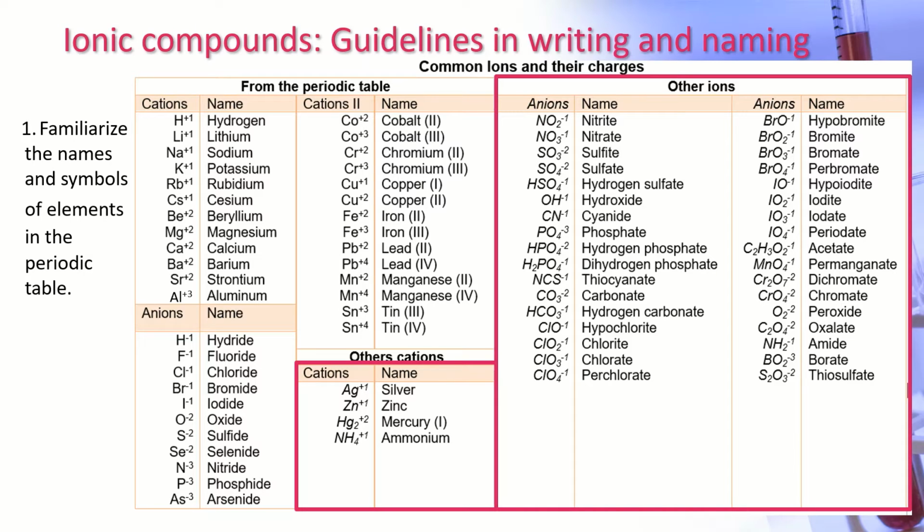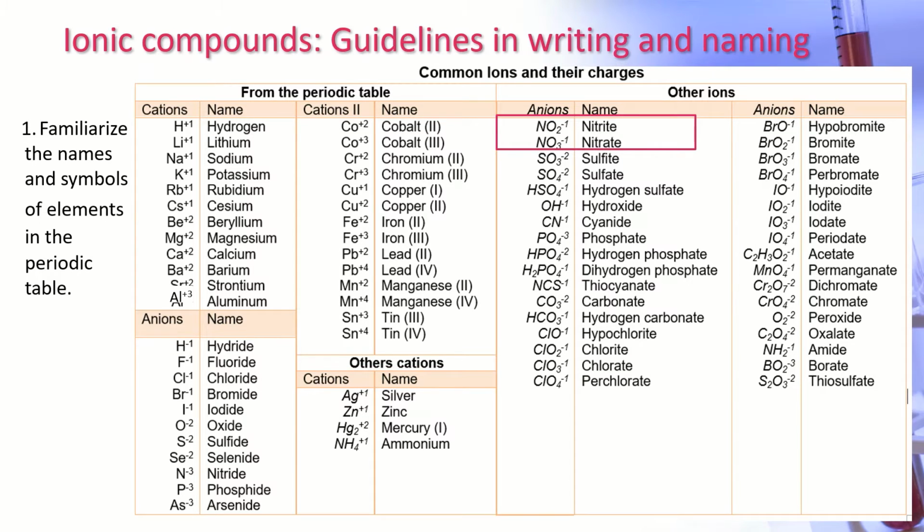For other ions on the list, there are common binary anions that may have the same charges but are named differently because of different numbers of oxygen. For example, NO2 -1 is named nitrite, while NO3 -1 is nitrate.